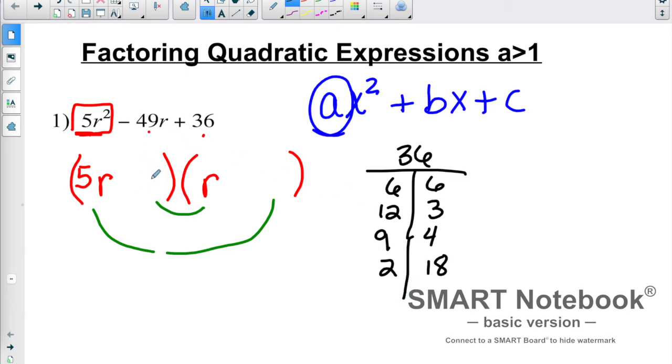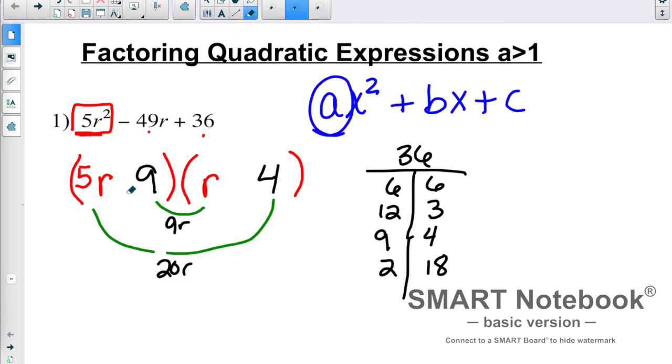But I'm going to jump to the 9 times 4 option. So 9 and 4. 9 times r is 9r. 4 times 5 is 20r. That does not combine to give me the one that I want.